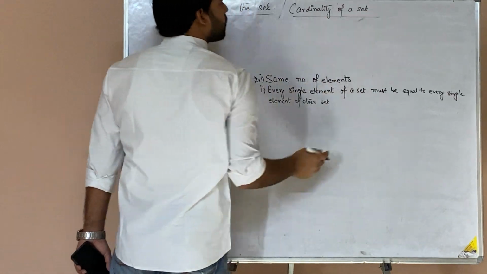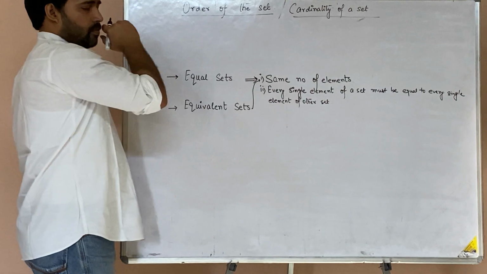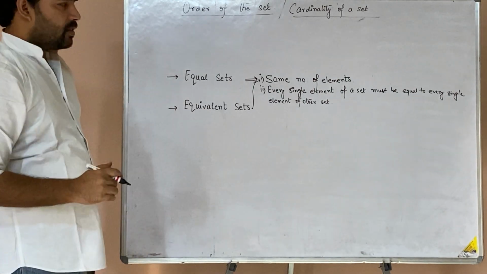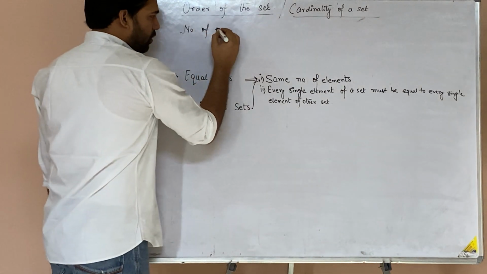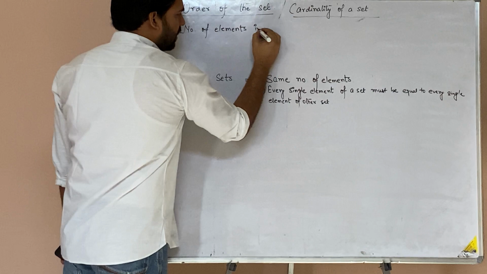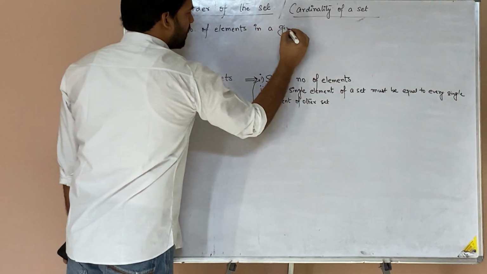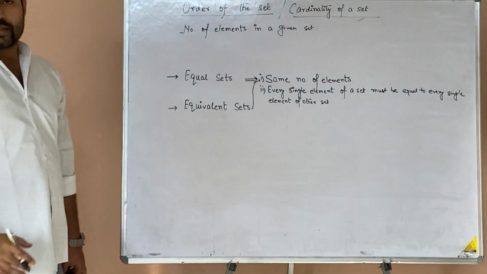Cardinality of a set. Clear? But what does this mean? It means the number of elements in a given set, that is what the order of the set represents.